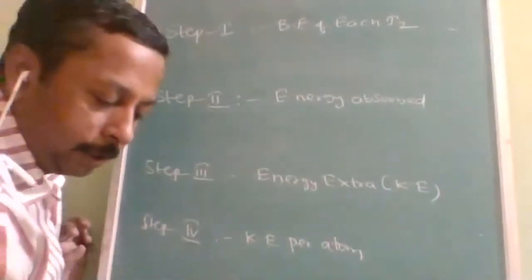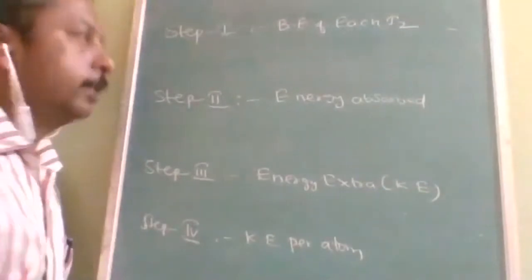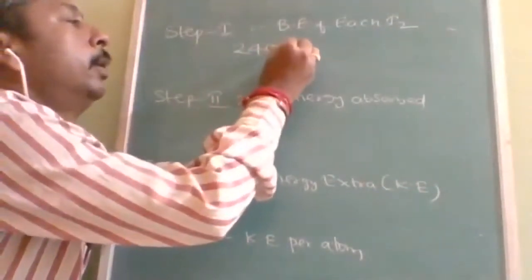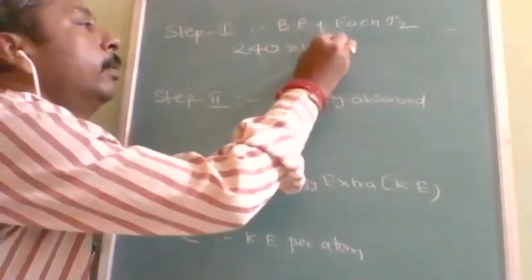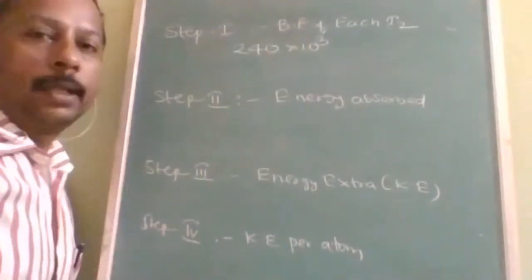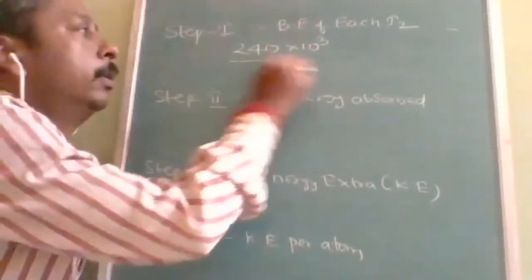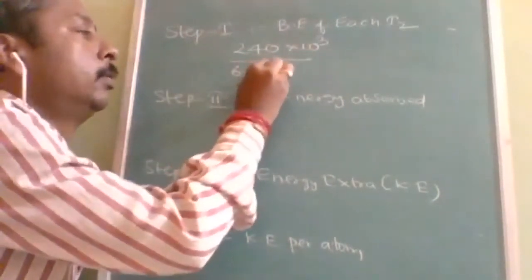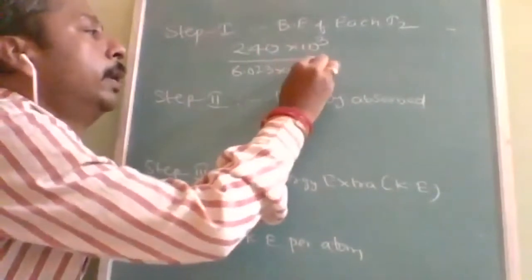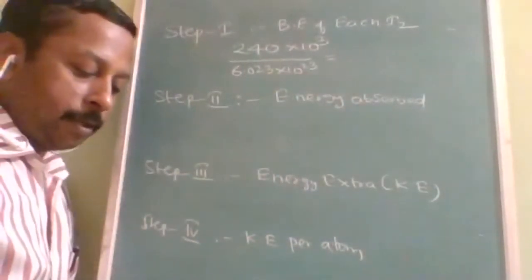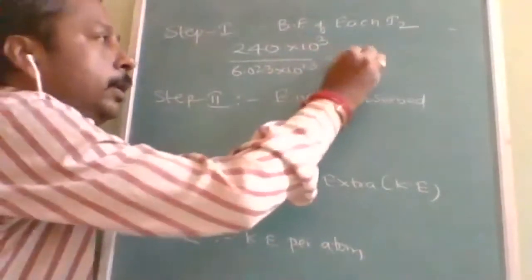It is given as 240 kilojoules, that's why 10 to the power of 3. This is required by 1 mole of bonds, not one bond, so divide by 6.023 into 10 to the power of 23. Then you will get the energy required per molecule.